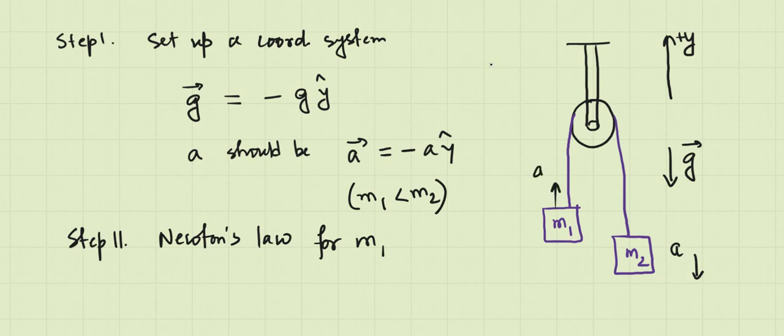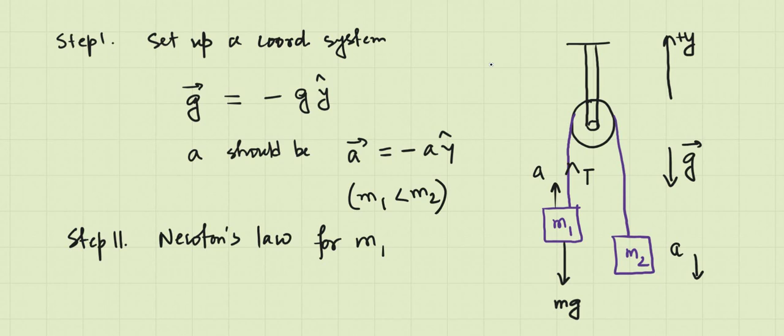So acceleration would be in the upward direction for m1. The gravity is bringing it downward, so this would be mg in the downward direction, and there would be tension along the string which has to be greater.